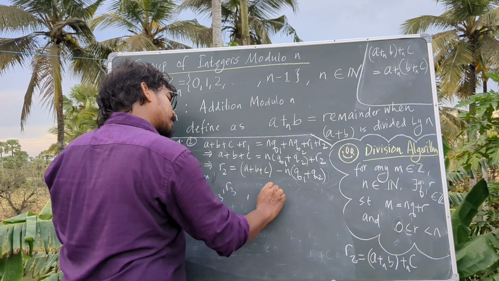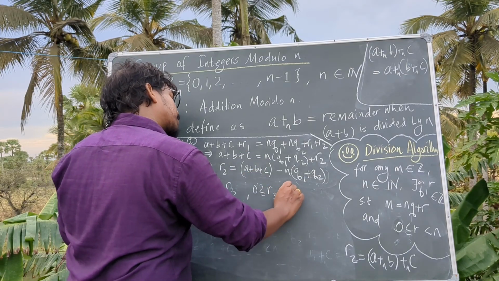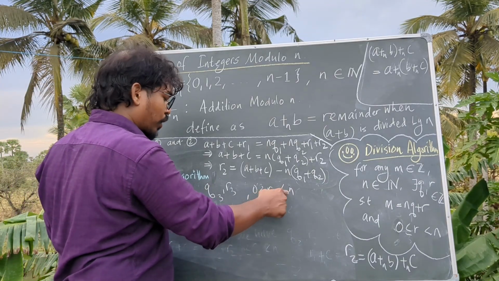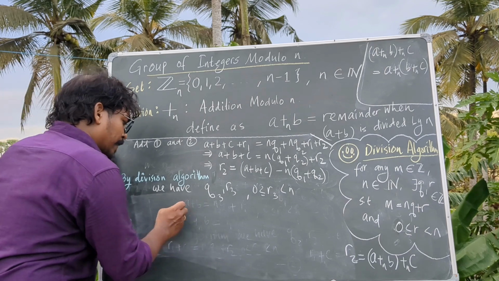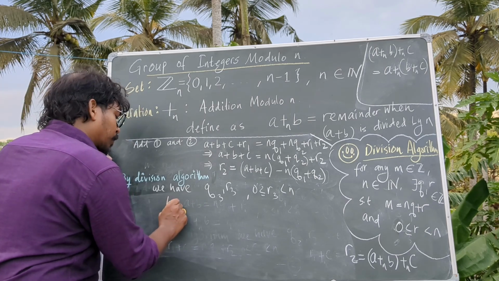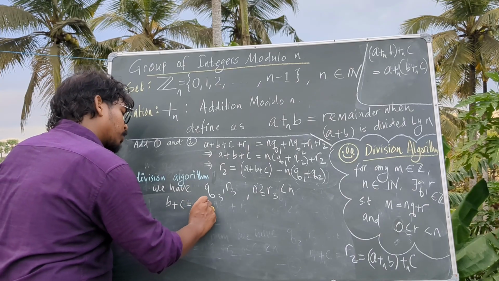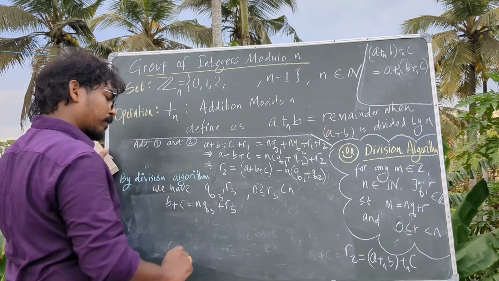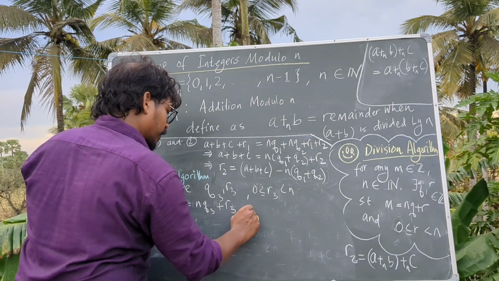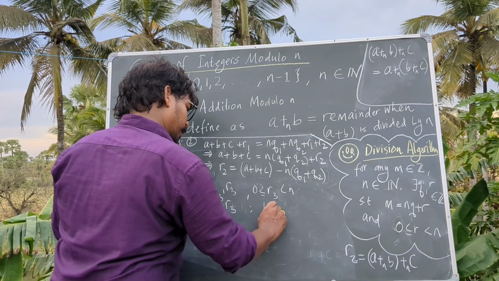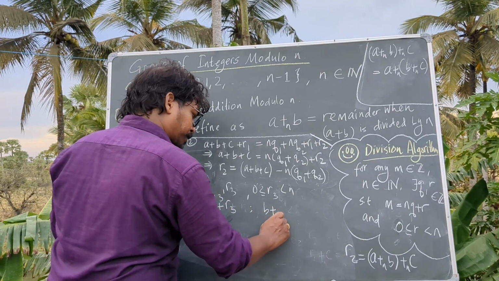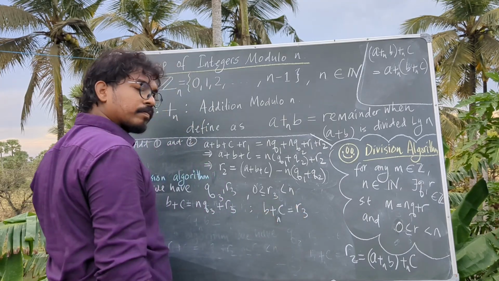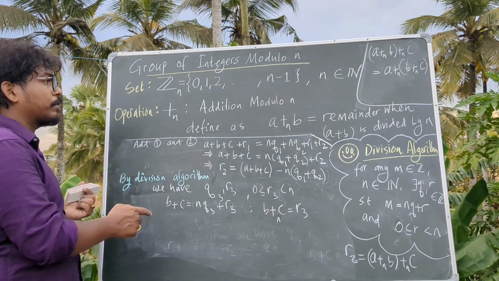Let me write here, R3 varies from 0 to n minus 1, strictly less than n, 0, 1, 2 up to n minus 1, and B plus C equals NQ3 plus R3, with R3 our remainder. So this is R3.